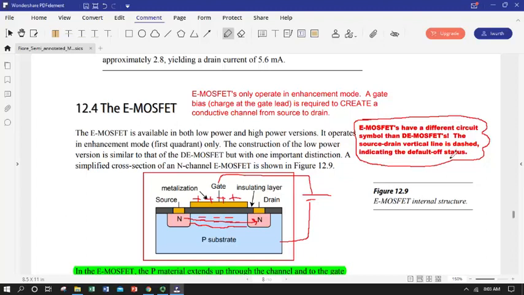And if you look at the tutorial websites on electronic tutorials, they'll have pictures of that type of dashed line as an indication that you have an enhancement mode. So there is a different circuit symbol for an eMOSFET versus a DMOSFET. And look for the dashed line in the eMOSFET to indicate default off. No gate source voltage, no conductive channel, default off.